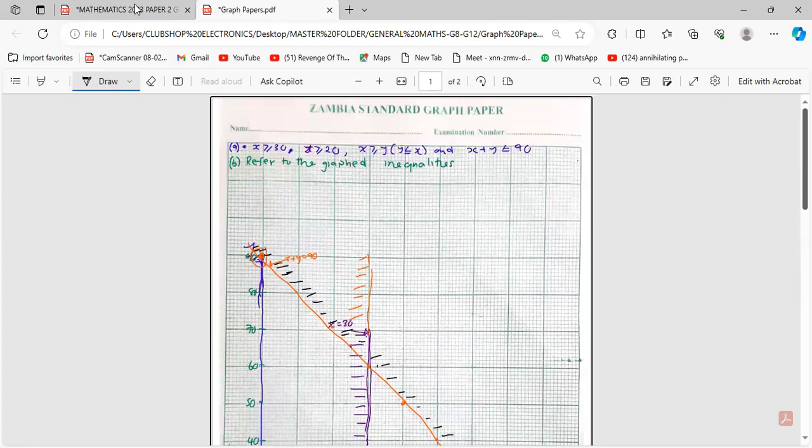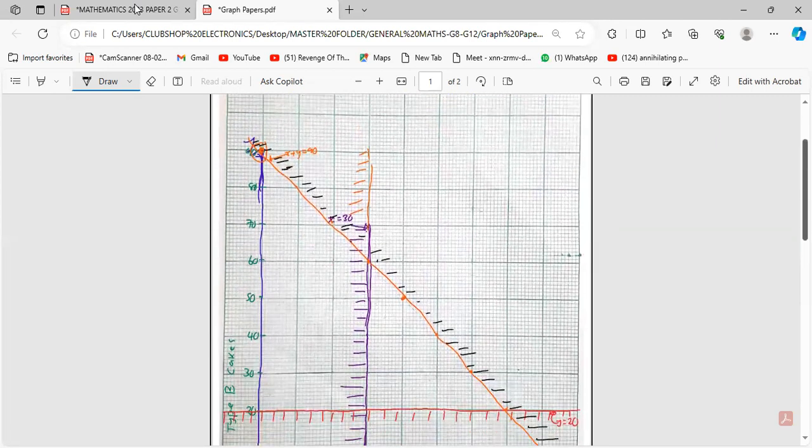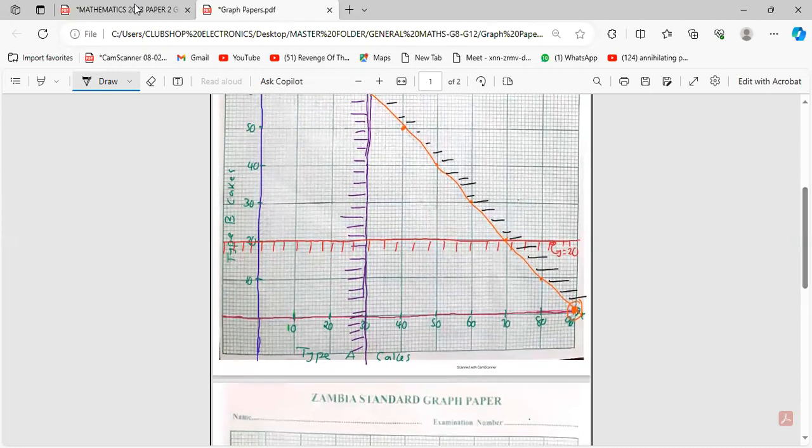The next one is y is less or equal to x, which passes through the origin. 0, 0, 10, 10, 30, 30, 40, 40.